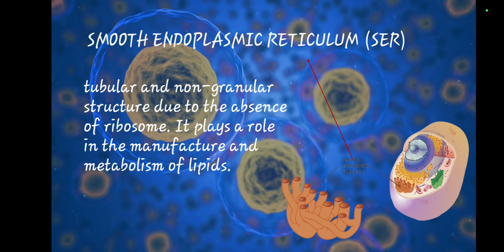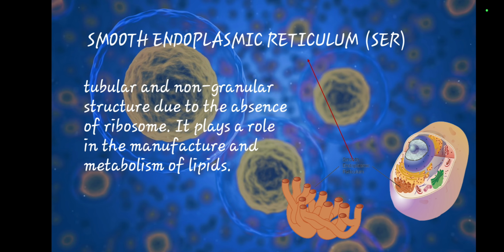The ribosomes assemble them and attach to the endoplasmic reticulum, giving the types of endoplasmic reticulum, from rough to smooth. Always remember, smooth has an absence of ribosomes, while rough has ribosomes.